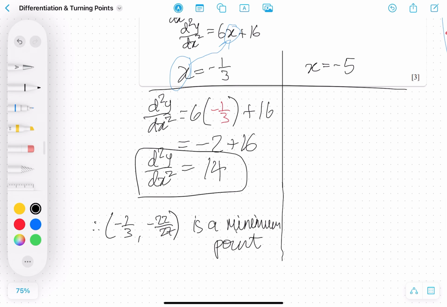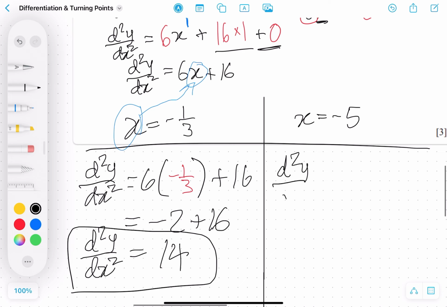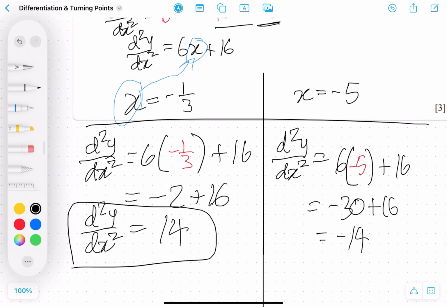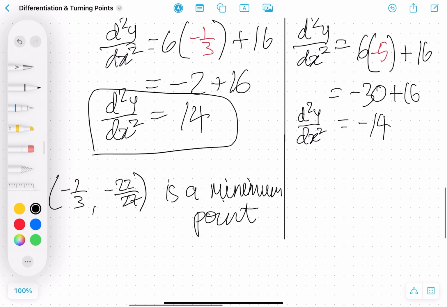So now if we do the same process for x equals -5, substituting the value into the second derivative, we get an answer of -14. So d2y by dx squared is equal to -14.